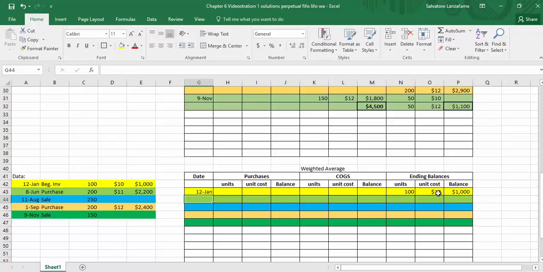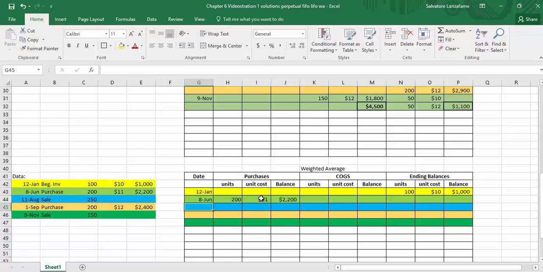Now we're on June 8th, and on June 8th, we bought 200 at 11. Let's do that math, 200 times 11. And for the third straight time, we have 2,200.